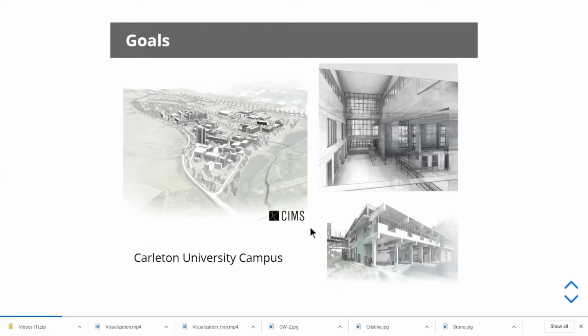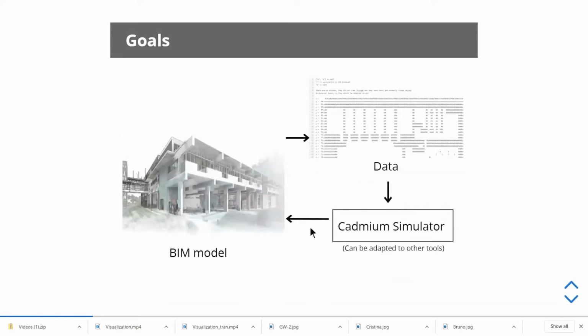So our goal became: how can we extract the BIM data into a text that goes into a simulator and back to the BIM model for visualization, because we wanted to visualize real-time simulations for building performance, to understand energy performance, or even pedestrian models and other things.